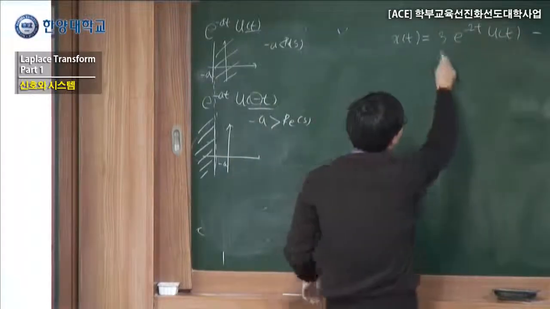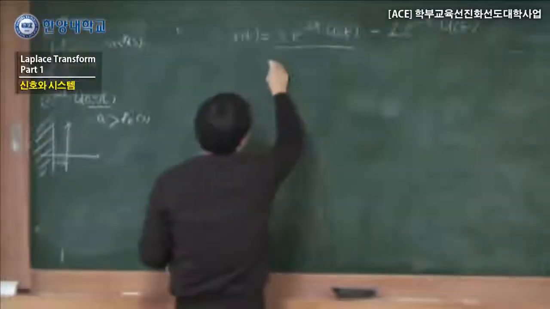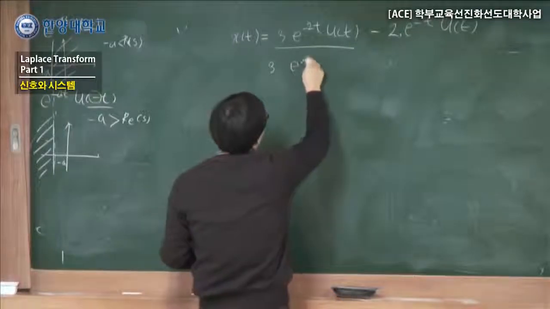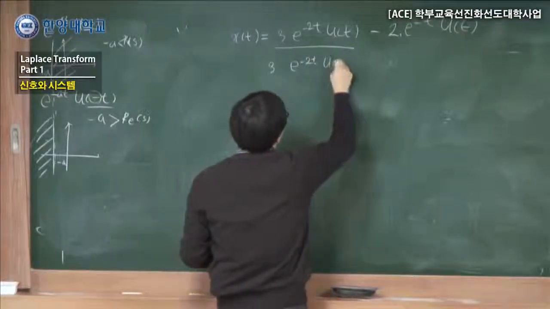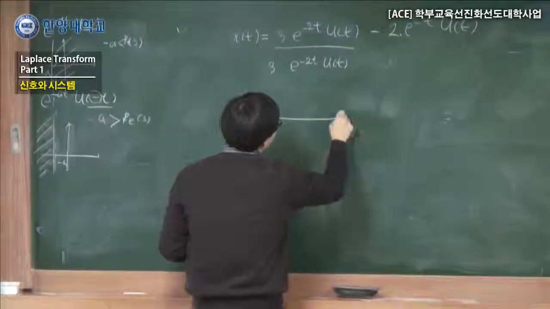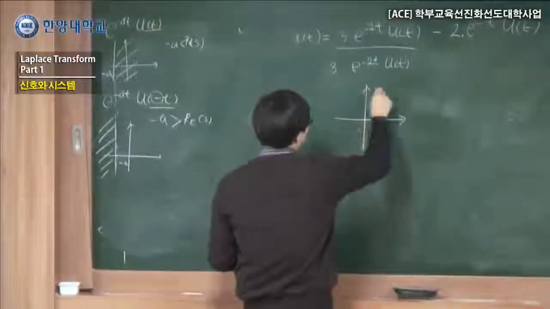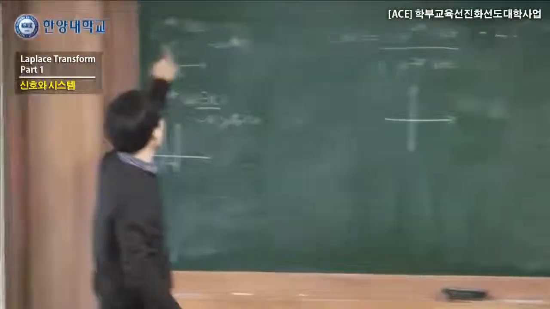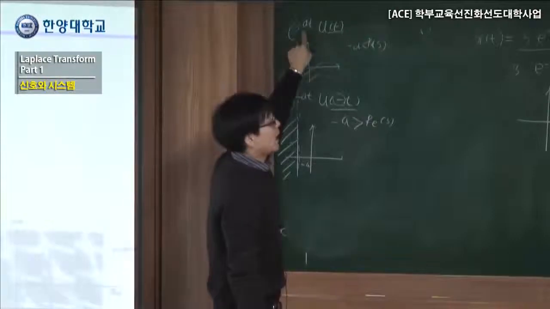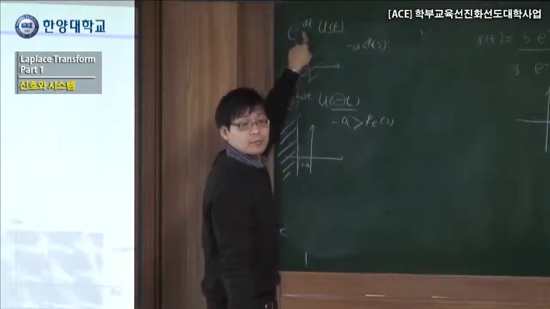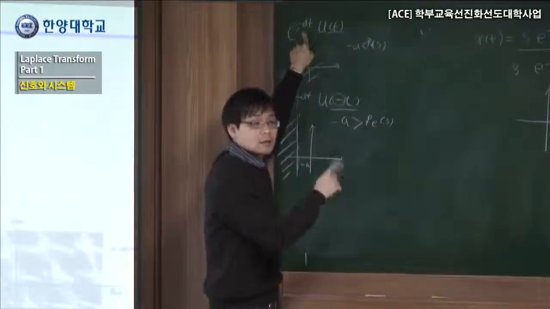So this one, 3 times e^(-2t)u(t). Based on this analysis, a is 2 in this case, right? a is 2.